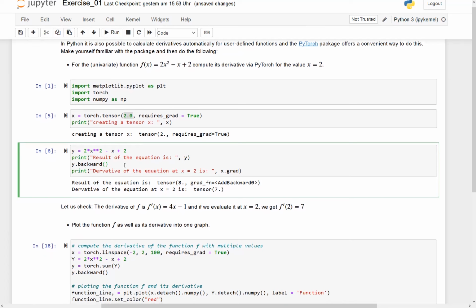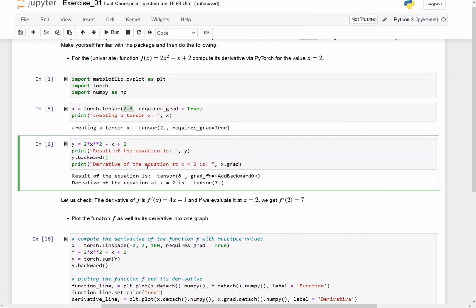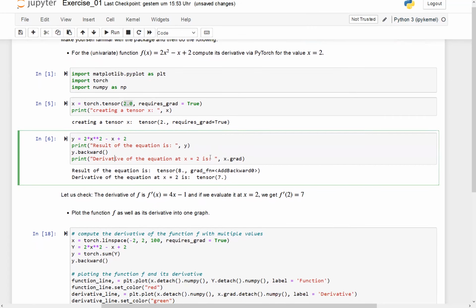And what we want to do is compute the derivative. What you have to do then is call this backward function on your tensor object, which represents the function you are interested in. This is essentially doing the derivative computation.